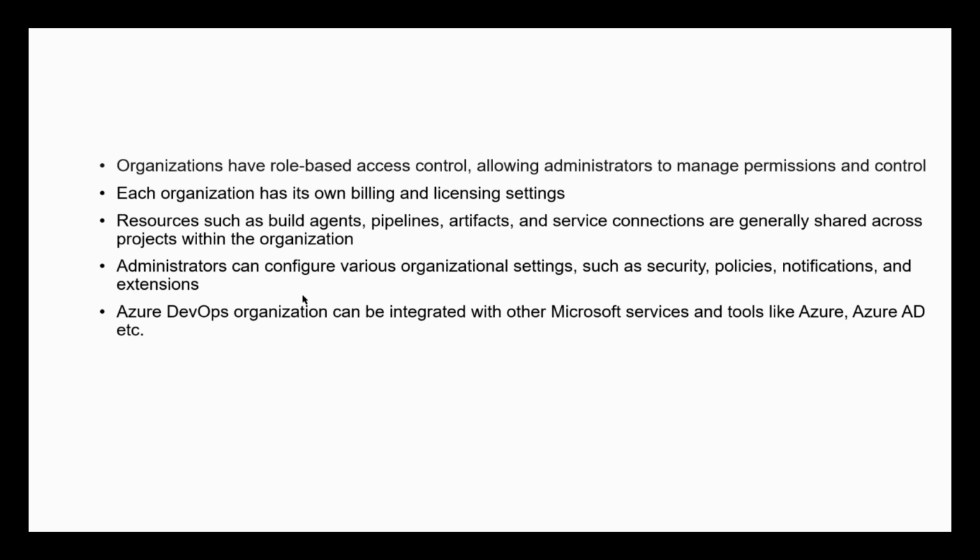Each organization has its own role-based access control, allowing administrators to manage permissions and controls. An organization has its own billing and licensing settings. Resources such as build agents, pipelines, artifacts, and service connections are generally shared across projects within the particular organization.